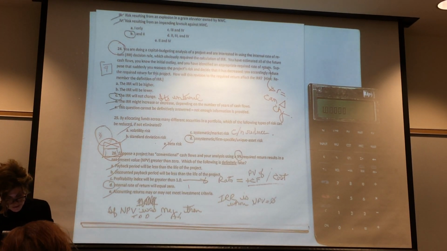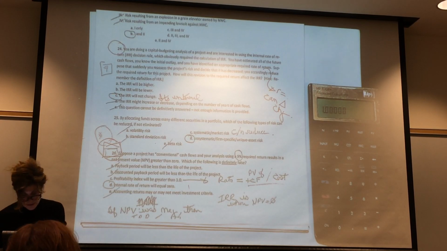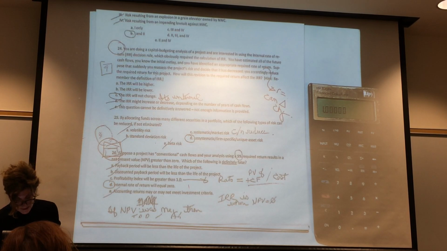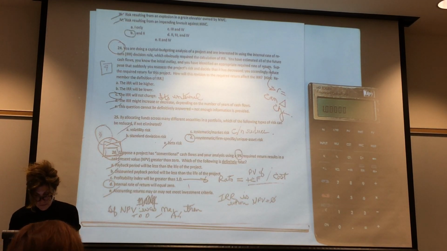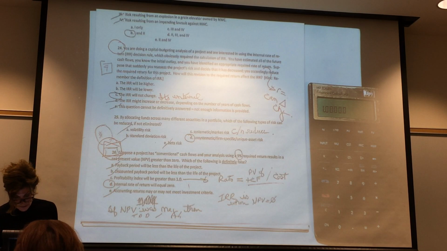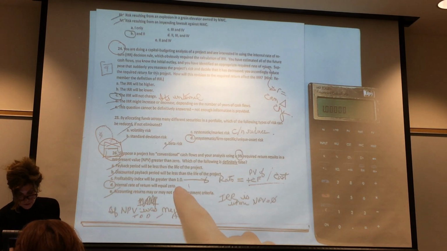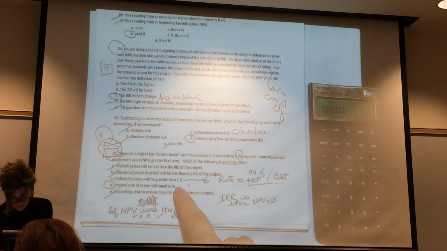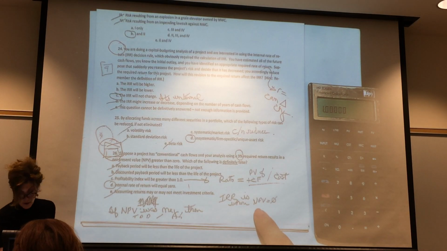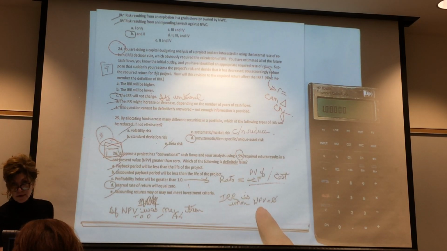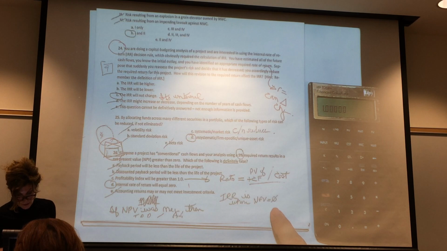26, suppose a project has conventional cash flows and your analysis using a 9% required rate of return results in a net present value greater than 0. Which of the following is definitely false? The internal rate of return is equal to 0. Why? Because the IRR is where NPV, your net present value, is equal to 0.